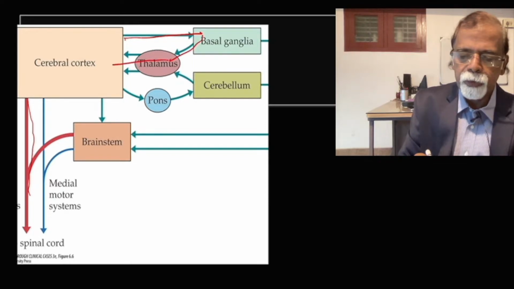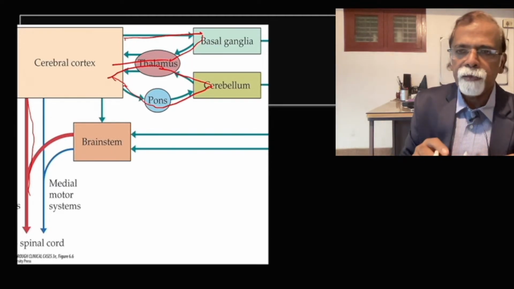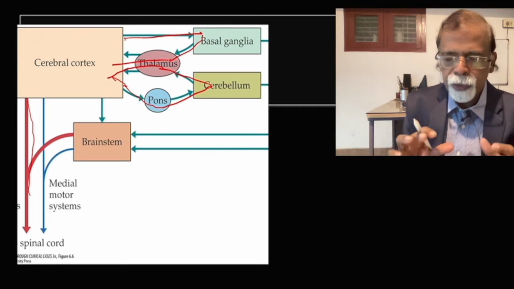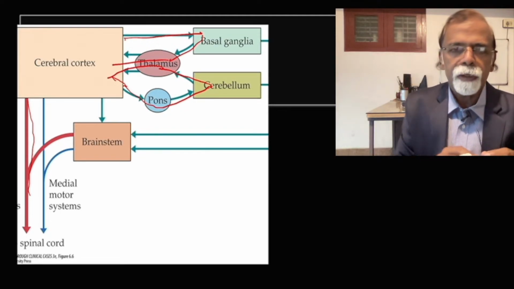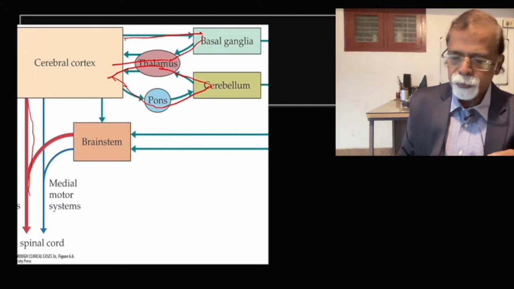From the thalamus, it goes to the cerebral cortex. Again, the cerebral cortex gives information via the pons to the cerebellum, and the cerebellum gives information back via the thalamus to the cerebral cortex. So there are different circuits like this which control and coordinate the movement. Hope this is clear to you.